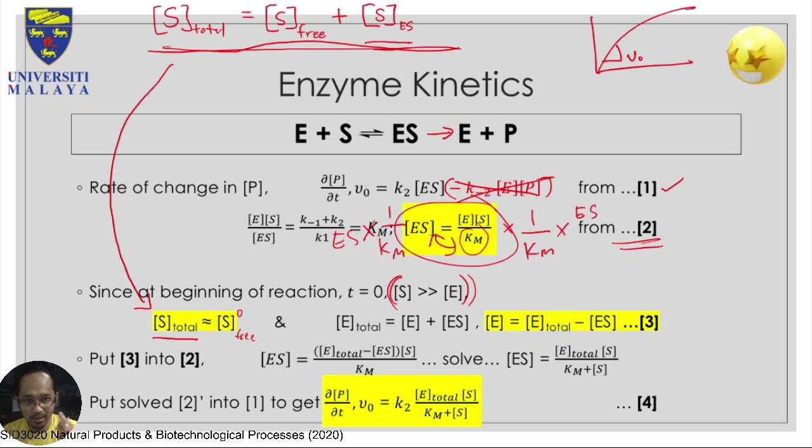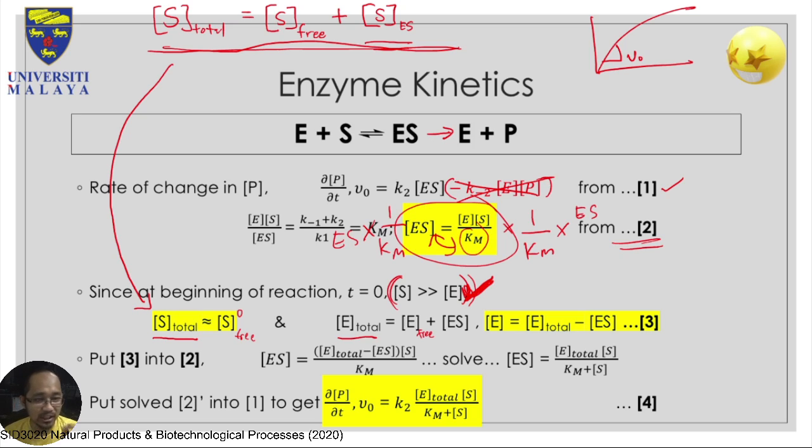At the same time, when you want to consider the E total, you have E free plus the ES complex. But this time around, you do consider the ES complex, because towards the end of the day, this assumption comes into play.